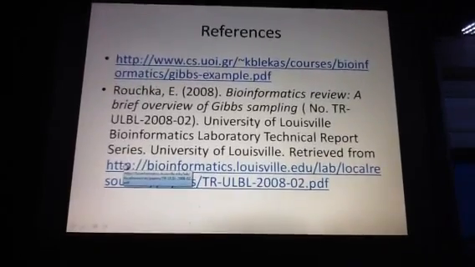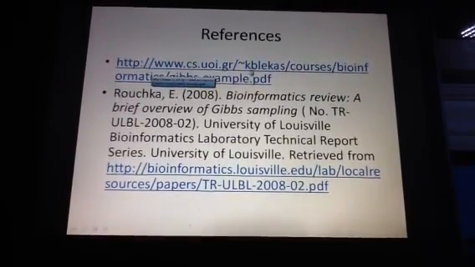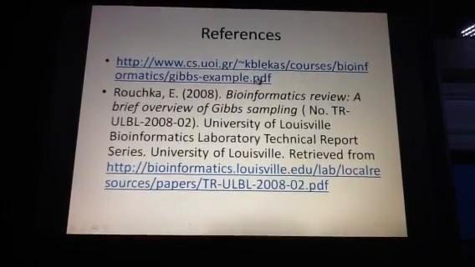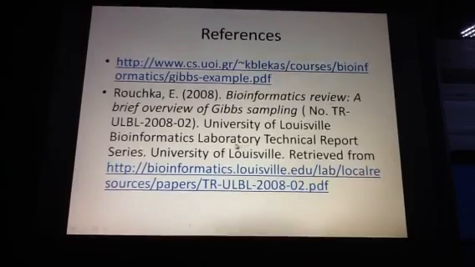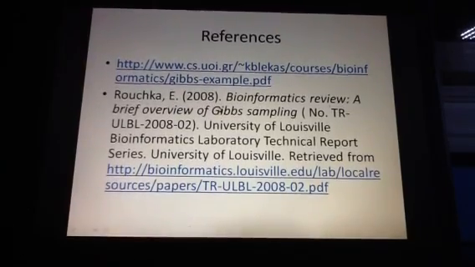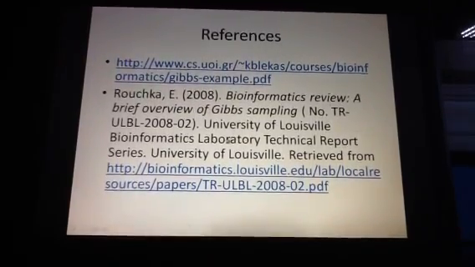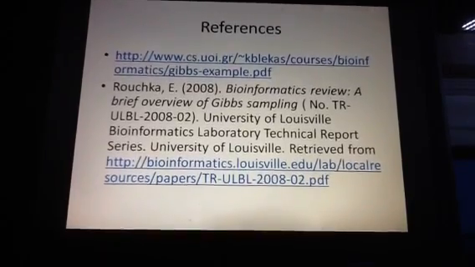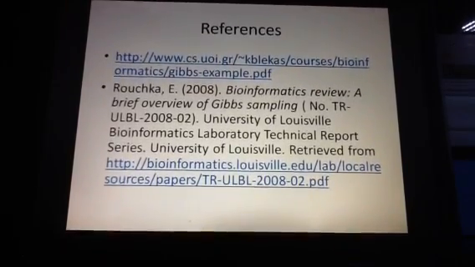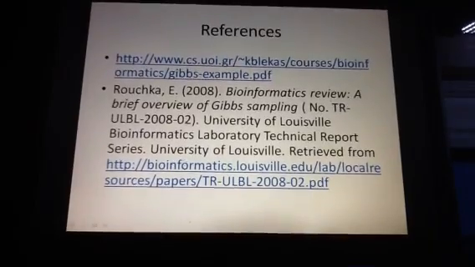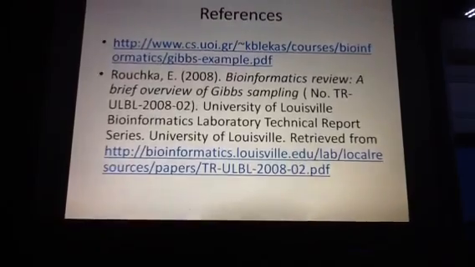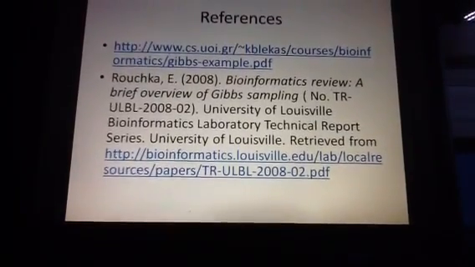And so for this presentation, my main reference was this here. I used the example from this lab over here by Blekas. And I also consulted this review paper by Ruchka, but the original paper for the Gibbs sampling method is really by Lawrence in 1993 in the Science paper. So if you want to look at the original, look at Lawrence 1993, Gibbs sampling for motif detection.